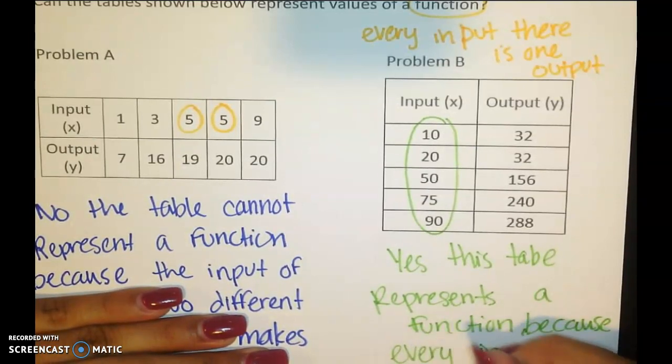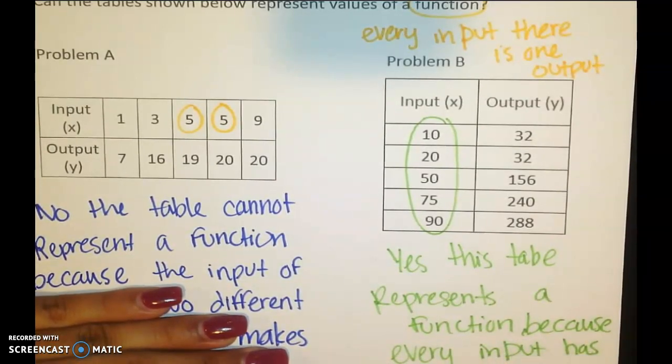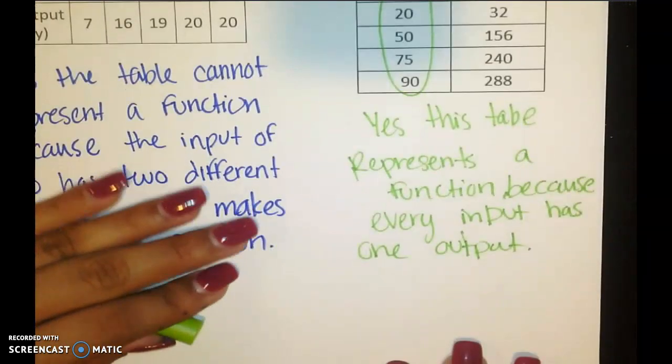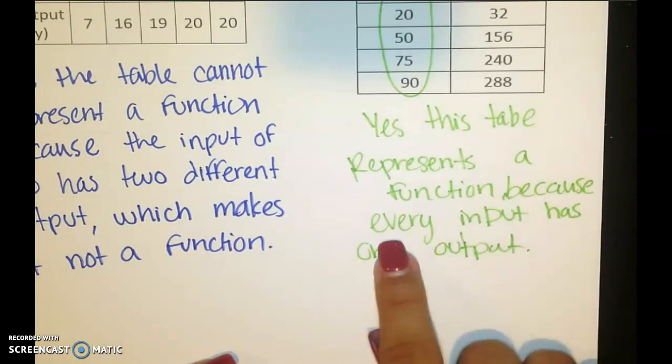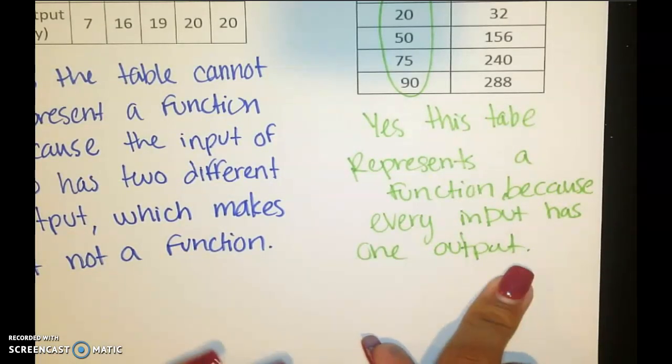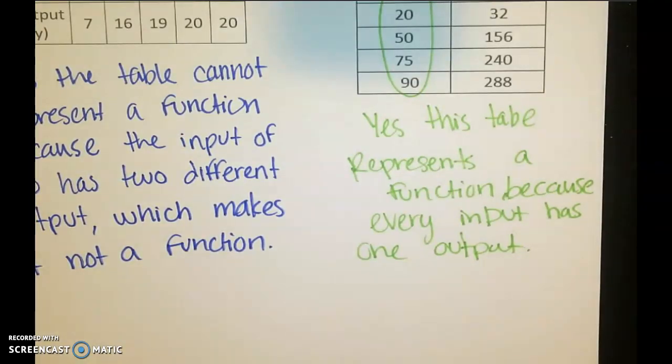Every input has one output. So I scooted up. We said yes, the table represents a function because every input has one output. So none of my x values or none of my inputs were repeating. So I know they ended up with one output.